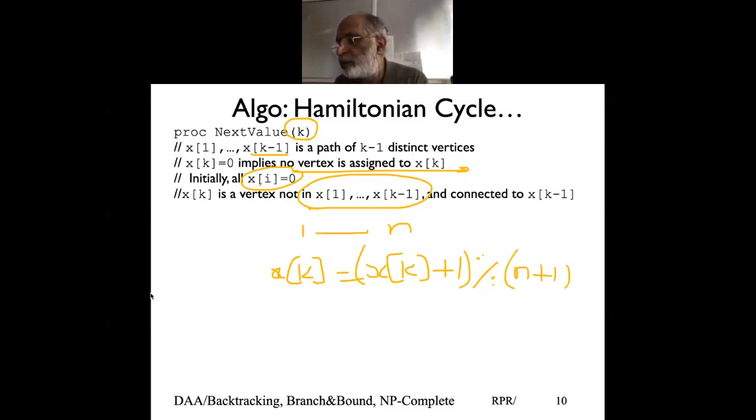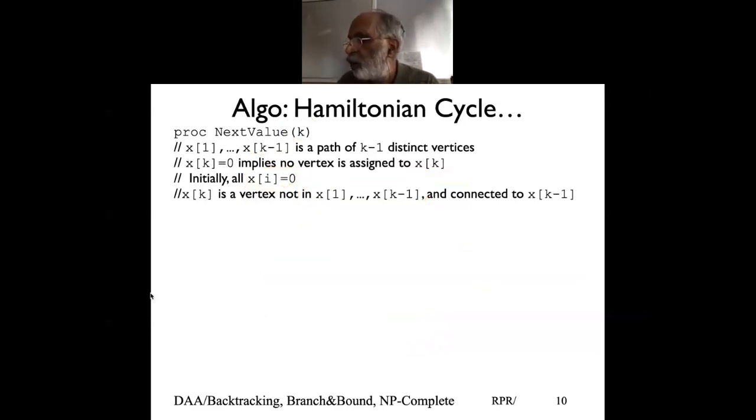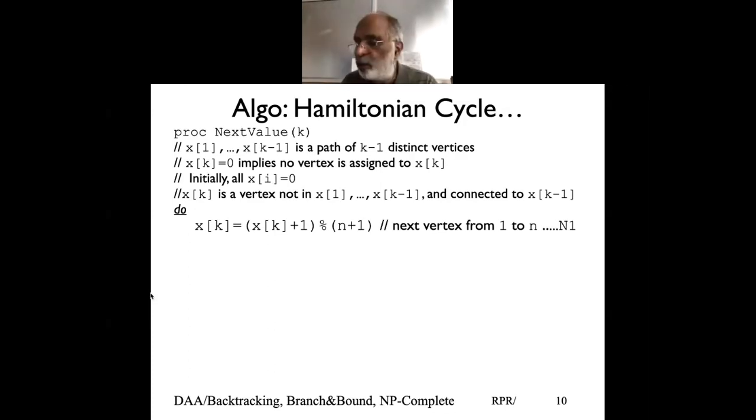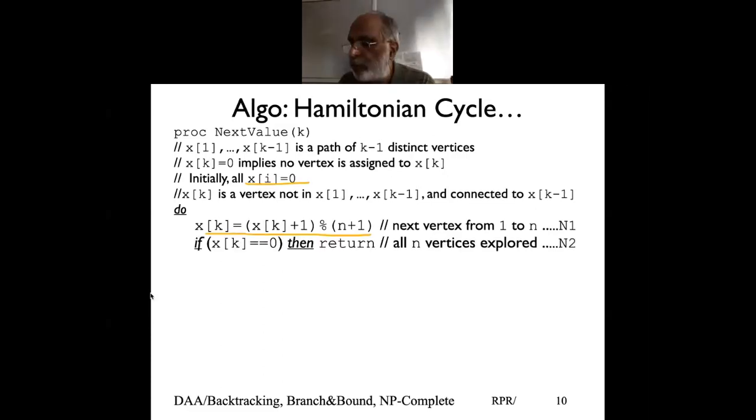This will make sure that we can start from 1 to n and come back to 1. And the moment I get 0, that means all my choices are over and it's not going to work. That is the primary part of next vertex. So go in an infinite loop, compute the next value for xk starting from 0, and if it is 0, we have exhausted all possibilities, which means no vertex can be found.